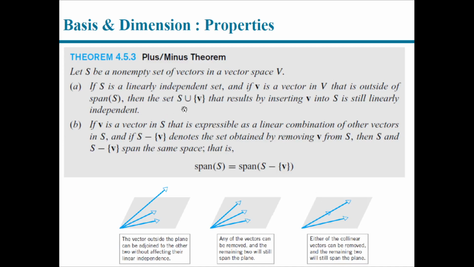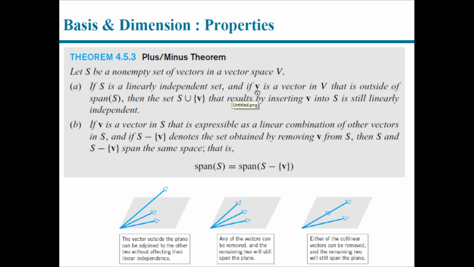Another theorem that is also obvious here, if I have a non-empty set, which means there's at least one vector inside, in a linear space V. So set S contains vectors from V, and V is a linear space. So if S is a linearly independent set, that means that the vectors inside are linearly independent.